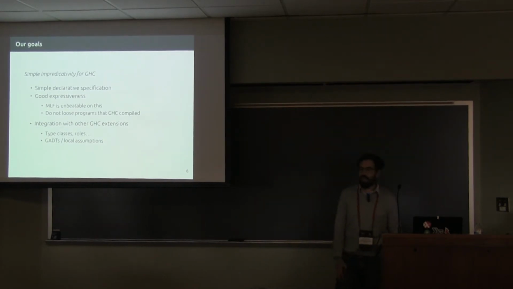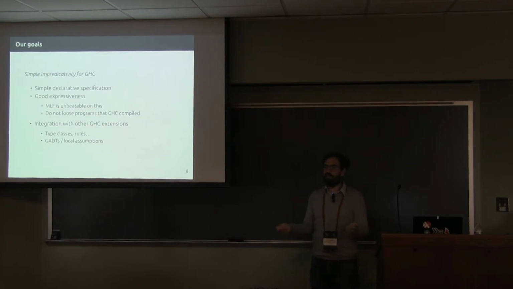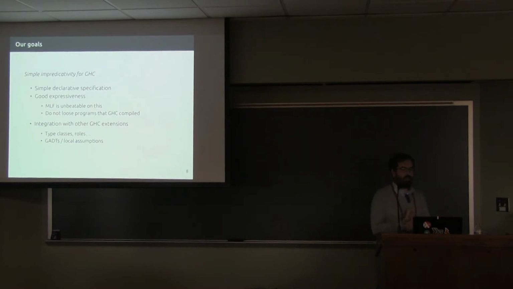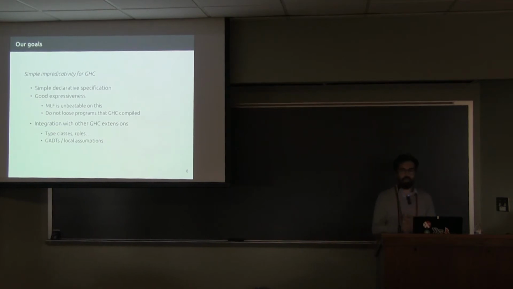But still, you can have good expressiveness, so it still covers all the more common use cases that people have. In particular, you can use runST $, which everybody is using in the wild. And furthermore, you don't lose anything that GHC already had. So you don't lose type classes, you don't lose roles, you don't lose GADTs, and all of that.